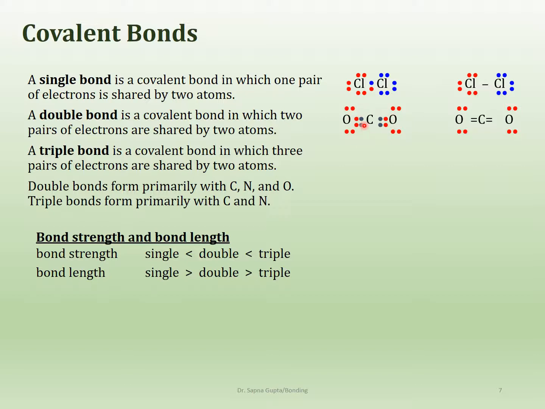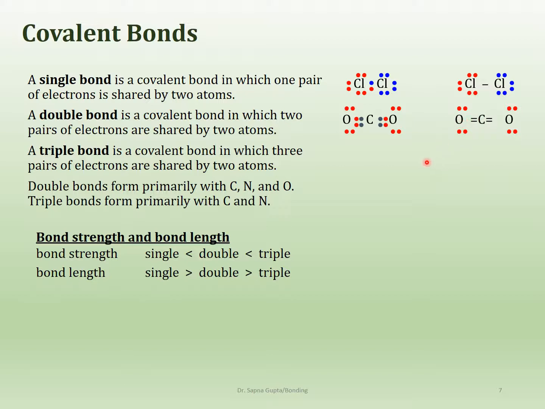So at any time, carbon is sharing 2 pairs of electrons on the left side with oxygen, and again 2 pairs of electrons on the right hand side with oxygen. So it ends up having 2 double bonds, okay, with oxygen. Now, the double bond is considered a double bond only when it is shared between 2 atoms.